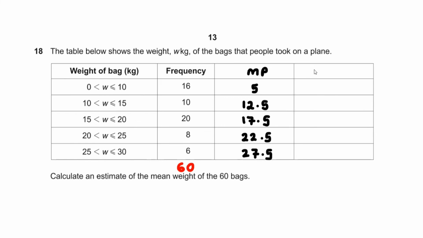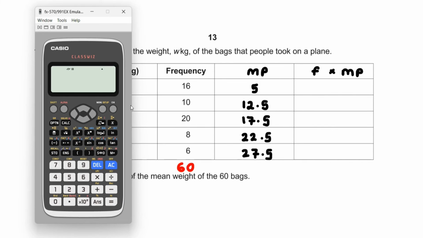We now need to do the frequency multiplied by the midpoint. So for this, I've got 16 times 5, which is 80. Then I've got 10 times 12.5, which is 125. Then I've got 20 times 17.5, that's 350. Then I've got 8 times 22.5, that's 180.